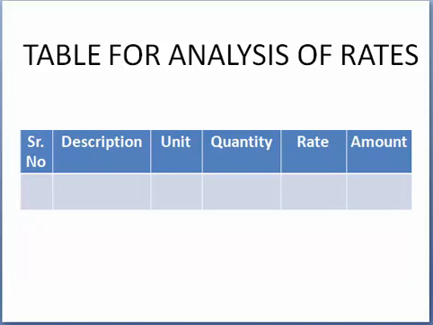As I told you earlier, if we are working under the central government, then you will have the CPWD, Central Public Works Department's analysis of rates, and DSR, that is Delhi Schedule of Rates. And if you are working under the Punjab government department, then you will have PWD, basically Public Works Department, and CSR, that is Common Schedule of Rates.